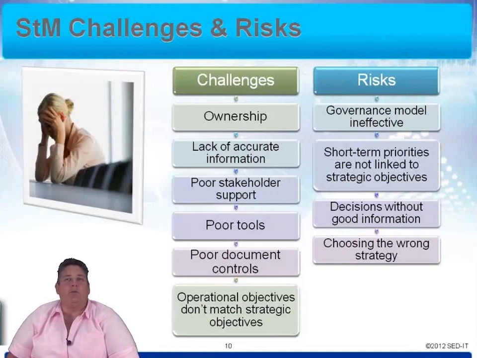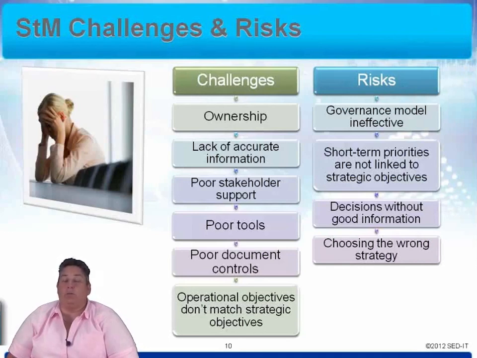How do we know that we've chosen the wrong strategy? Well, hopefully, even though we may have chosen the wrong strategy, we have the appropriate measurement tools in place that we can see the results of that strategy and quickly correct the course to overcome the wrong decision.